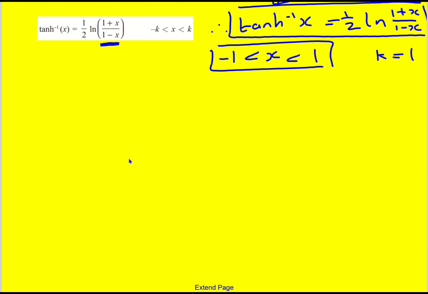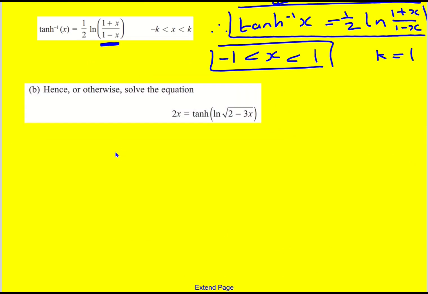Right, now for part B, hence or otherwise, you typically want to use the hence here, solve this equation. So what I'm going to do is take the inverse tan hyperbolic of both sides. And then I'll get inverse tan hyperbolic 2x equals ln root 2 minus 3x.